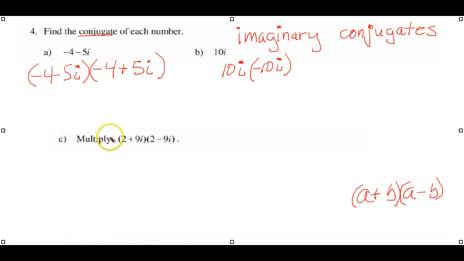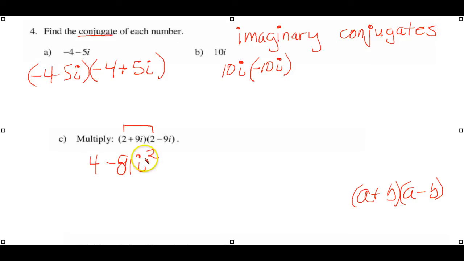Okay, so now what they want us to do is to multiply conjugates, imaginary conjugates. So remember, the middle terms cancel out when we multiply conjugates. So this will be a 4 minus 9, or 81 I should say. 9 times 9 is 81 i squared.